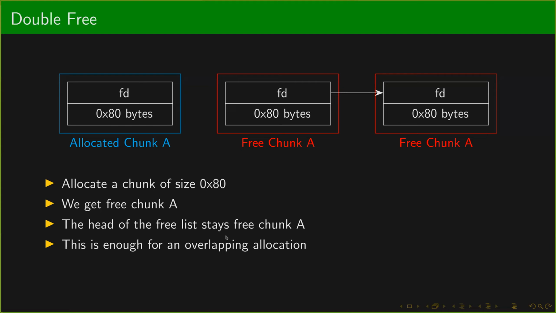The head of the list just stays free chunk A because this is a cyclic list, right? So if we allocate again, we just get chunk A again. And this is enough for an overlapping allocation, because every time we allocate something of size 0x80, we get chunk A from now on.